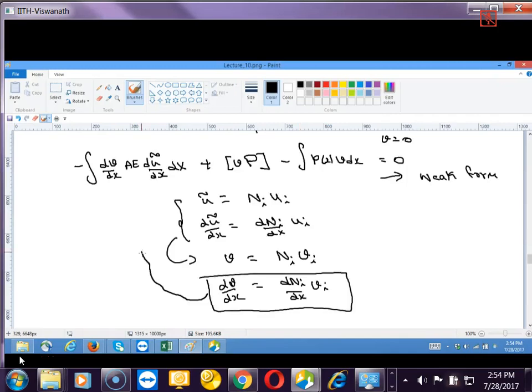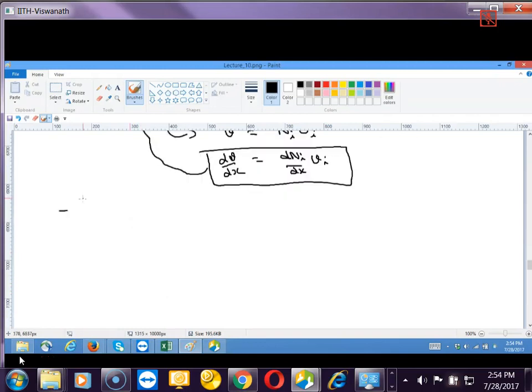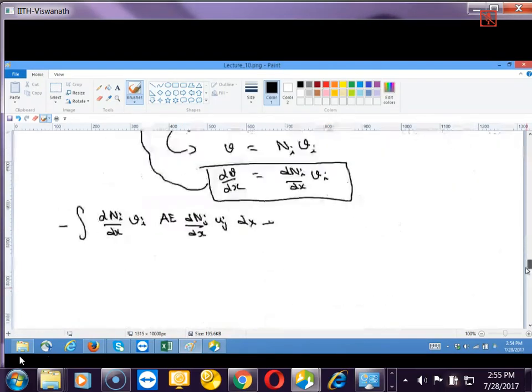So I will rewrite it as minus integral dNi by dx vi AE dNj dx uj, because they are dummy variables I can replace the i's by j's, plus, is it a plus or a minus? I made a small mistake here.